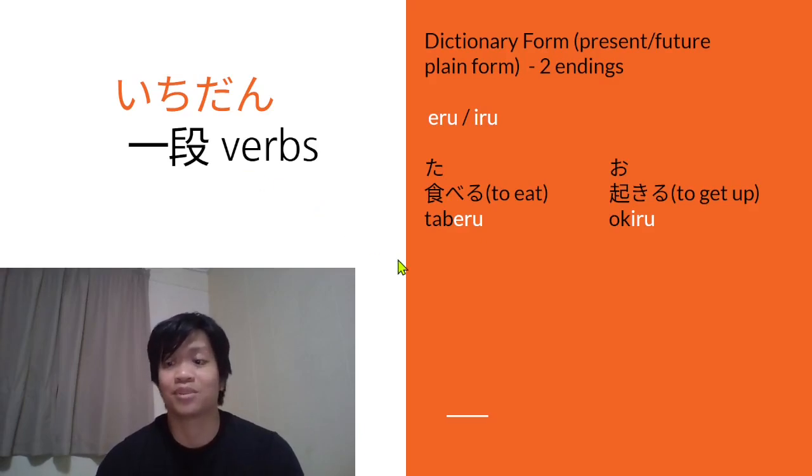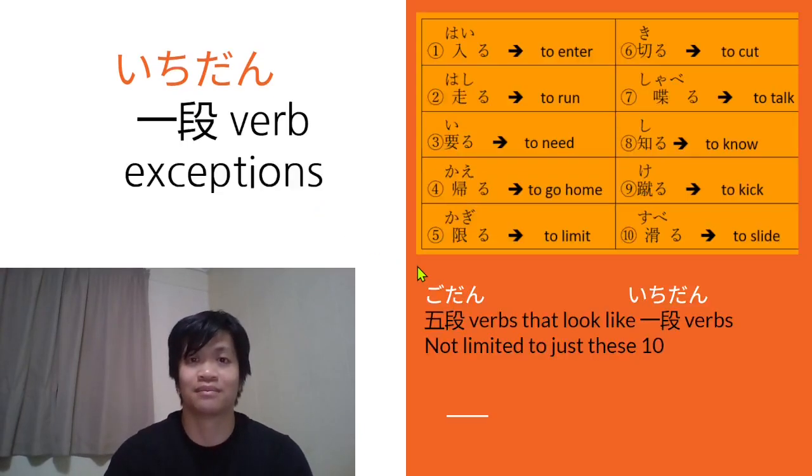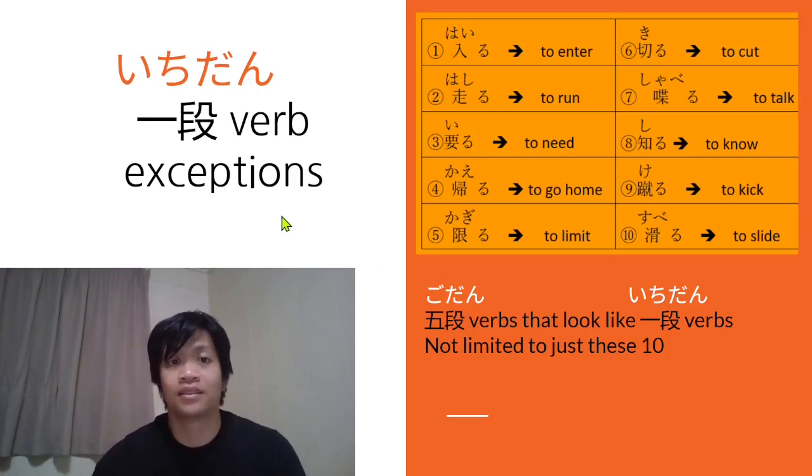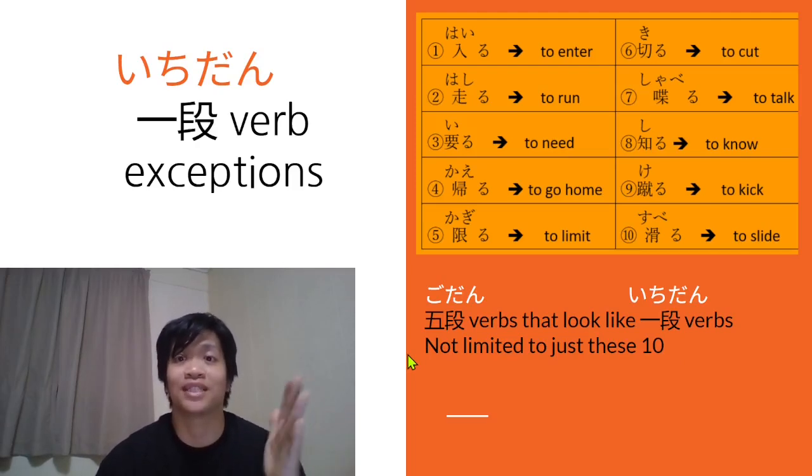There are some exceptions. Let's take a look at those exceptions. So these are 10 exceptions, but it's not limited to just these 10. There's probably several hundred maybe, but these are 10 of the most common exceptions for verbs that look like ichidan verbs but are really godan.